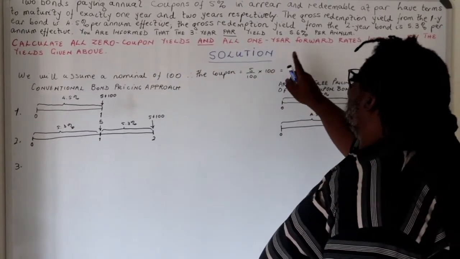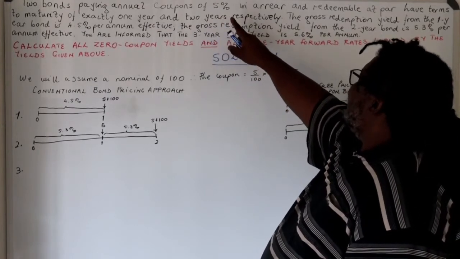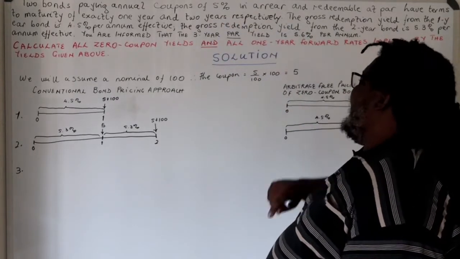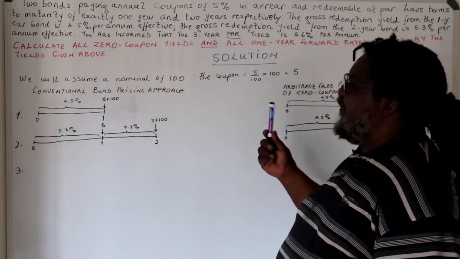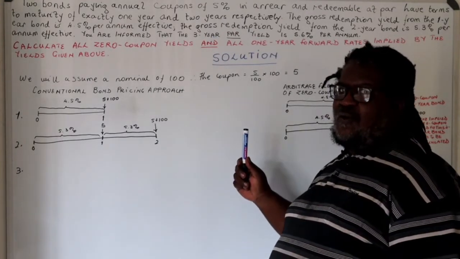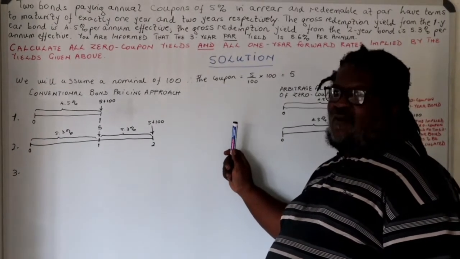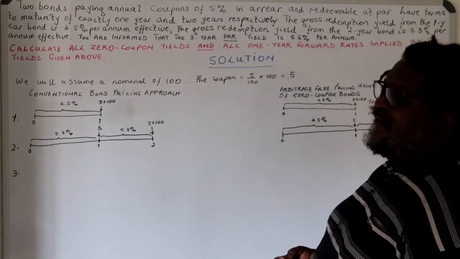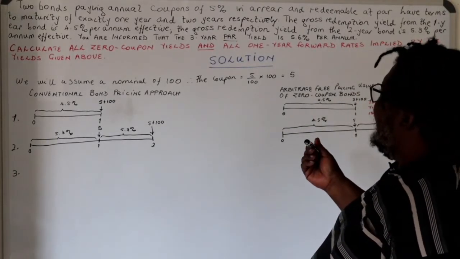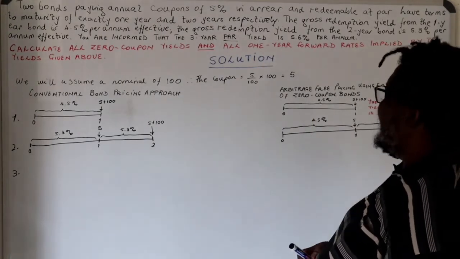In other words, it will be paying a coupon of 5.6% in arrears rather than just 5%. That is a very important concept, and you should realize the information in the English as soon as it is given.